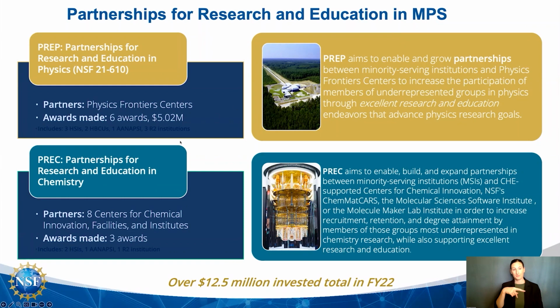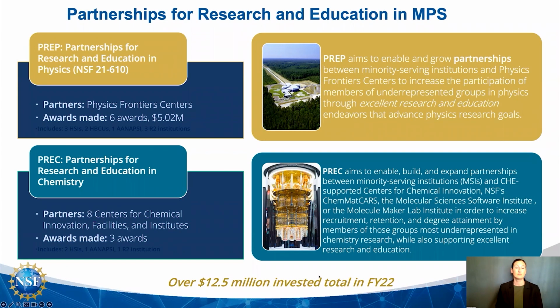The chemistry version is PrEC, Partnerships for Research and Education in Chemistry. So the partners are 8 centers for chemical innovation, facilities, and institutes. So there are 8 different centers, and they've made 3 awards. And you can see the little blurb about it.